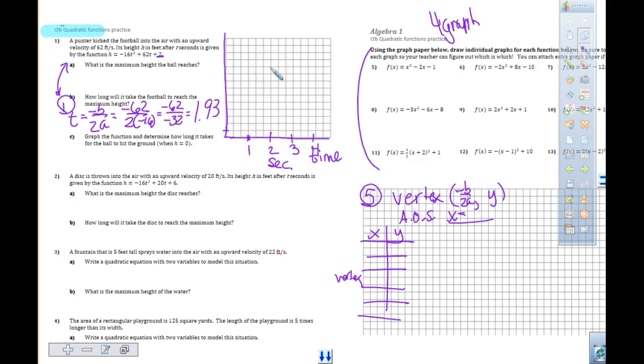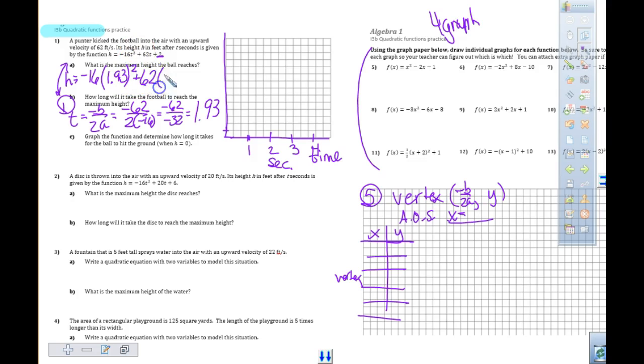Time we need to find the maximum height. What am I substituting into this equation up here? I'm going to put negative 16 times what? 1.93. Yep. 1.93 what? Squared. Yep. Okay, keep going.